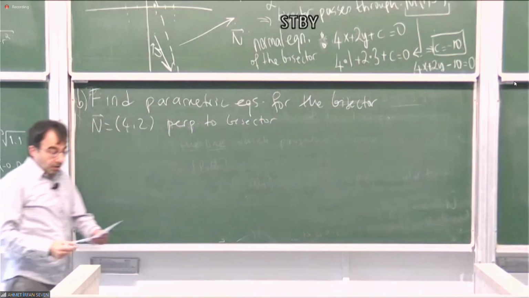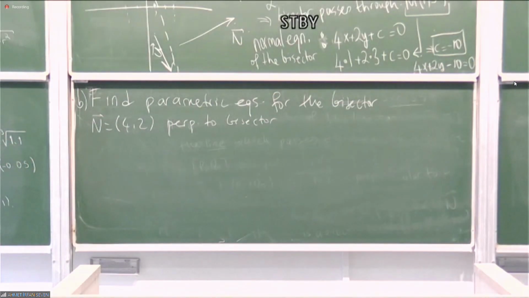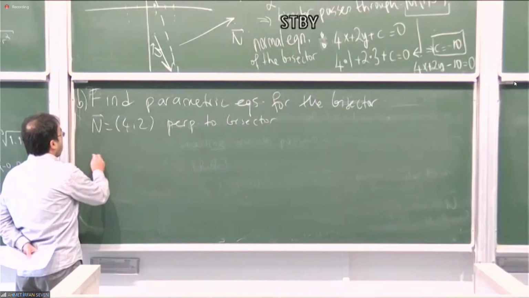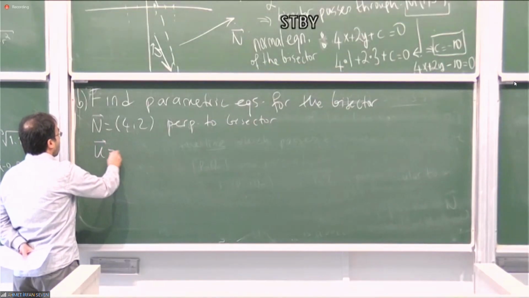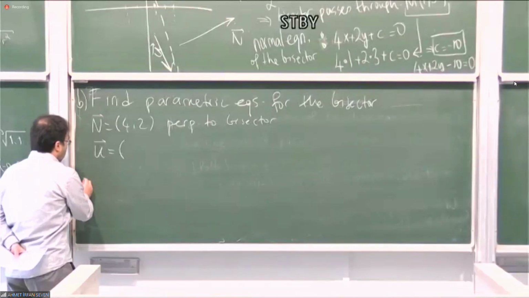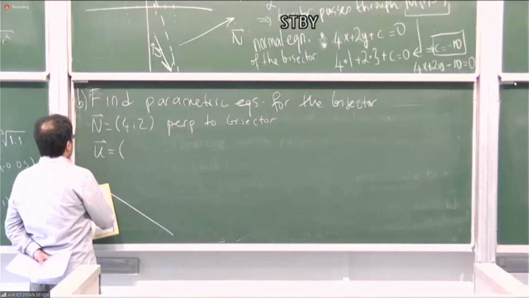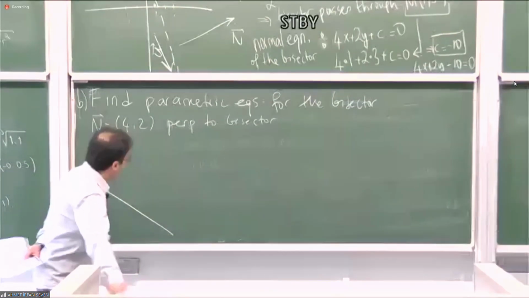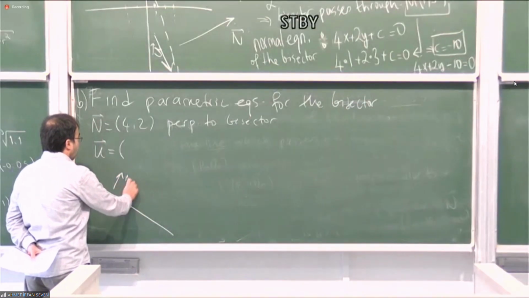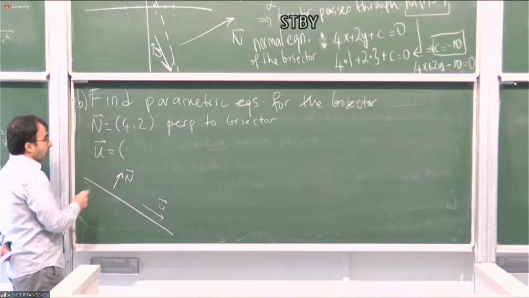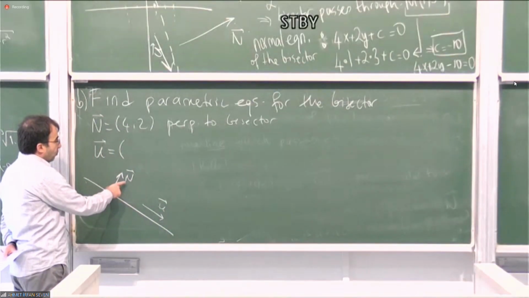Can we find now a vector which is parallel to this one? Yes. So this is the line, and this is n. But I need u, which is parallel to the line. So u will be a vector which is perpendicular to n.